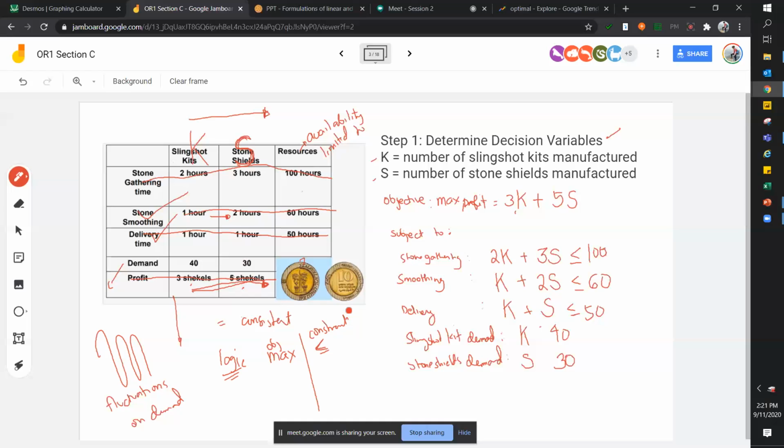Less than equal. Pag minimize, yung objective function mo, ganyan yung sign. So, for our case, na maximize, ano yung sign natin ng constraint na to? Less than equal. Bakit? Once again, maximum. Going back sa logic, yan yung constraint.